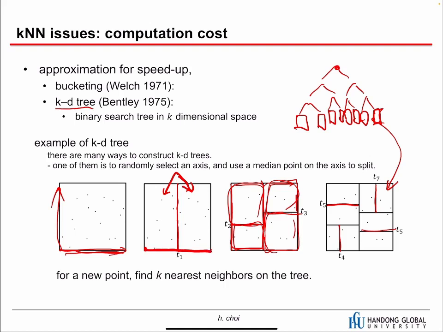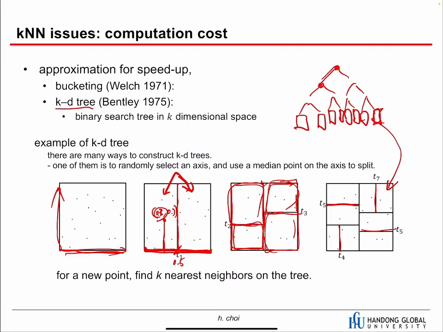Let's say the new sample is here. We know this axis was used to split, so we check the value here. We also know the specific value used when we split. Let's say this one is 0.5, and this one is 0.7. Okay, sorry, 0.3 and 0.7. Since this one is 0.3, let's go to the left subtree.